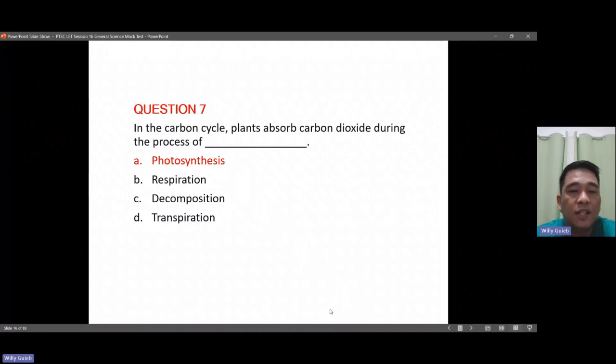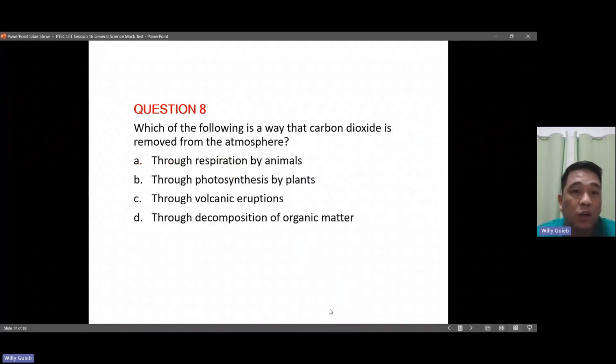You have to take note that photosynthesis is the process by which the plant is able to synthesize glucose, C6H12O6, in the presence of light, and of course the materials being used include carbon dioxide and water, right?